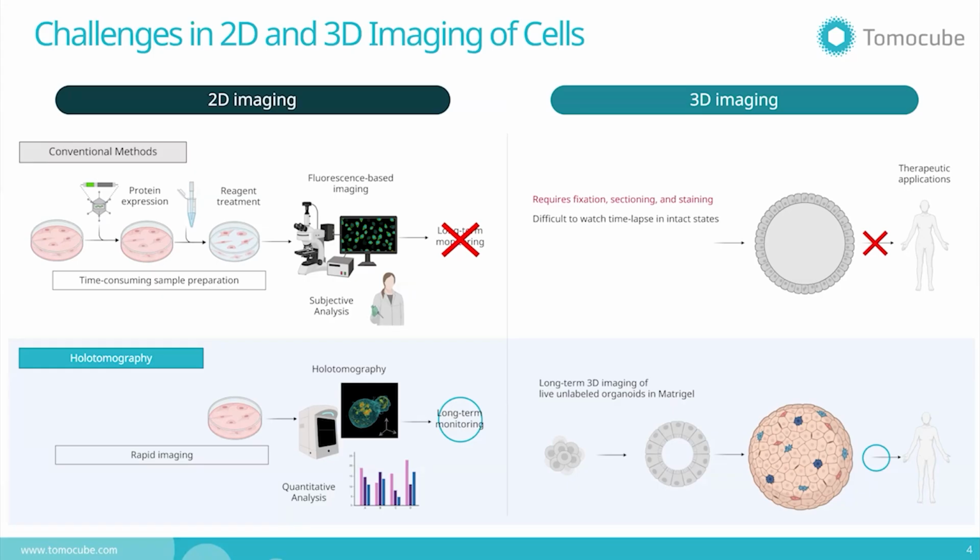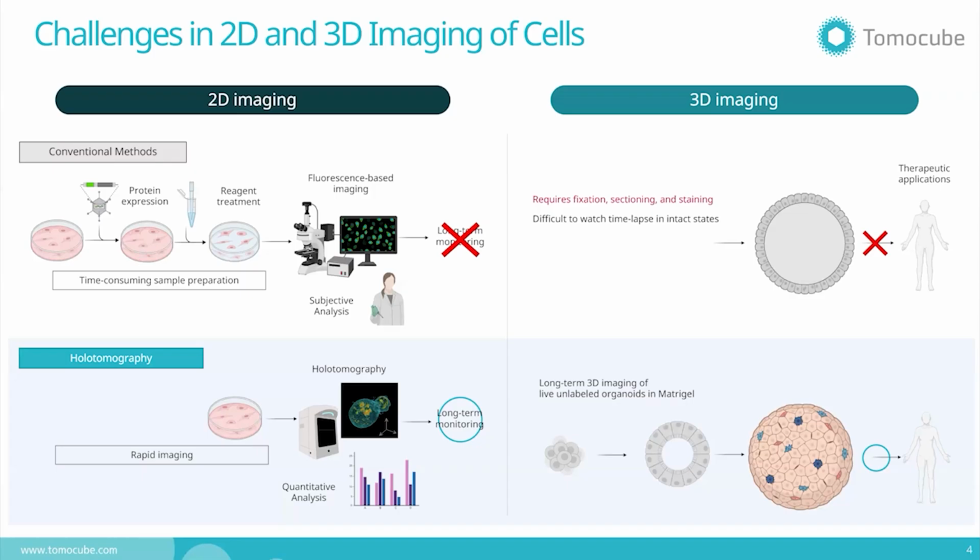And for 3D imaging, such as of organoids, you have to do fixation, staining, and antibody staining, and then measure the images. But this is just a still shot of those organoids, and obviously, you cannot use those organoids for therapeutic application.